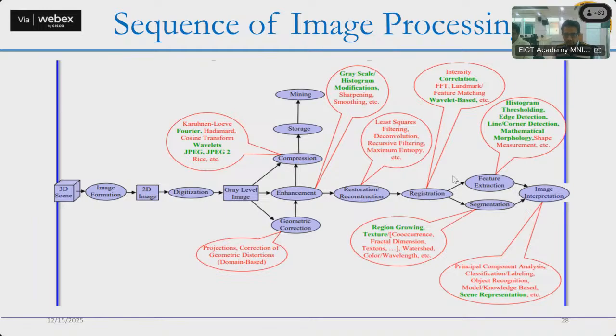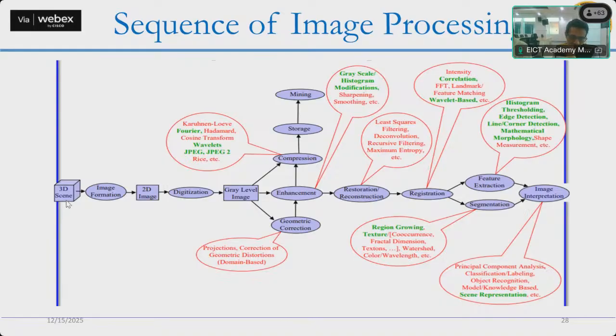So now coming to the part, the sequence of image processing. We now see a complete picture. What is basically going on here is how the complete image processing takes place, starting from the basic operation.